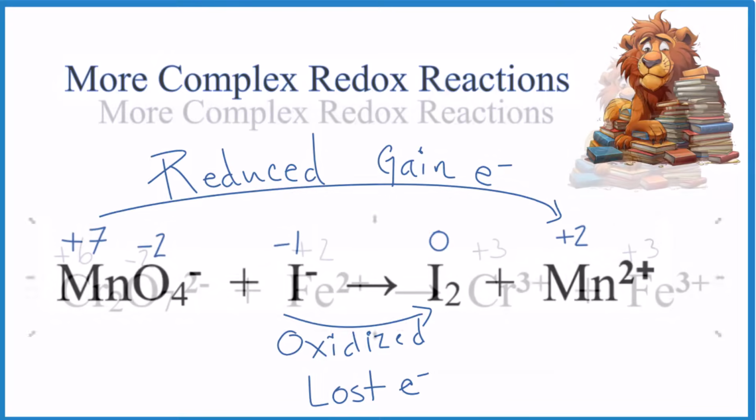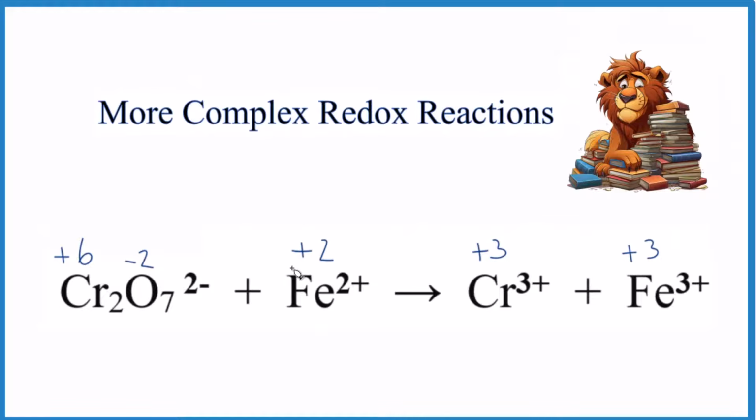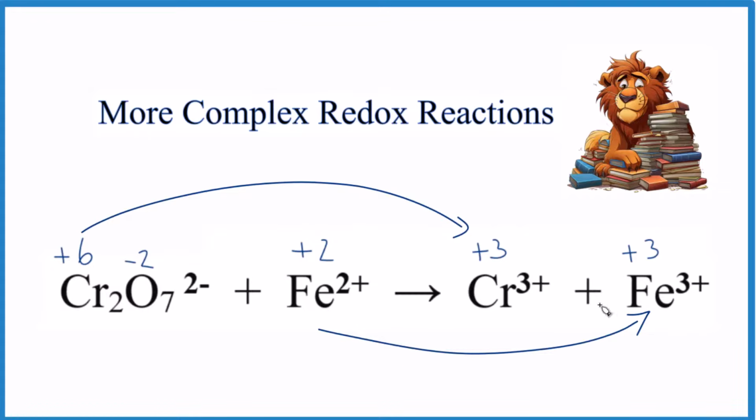Let's do another one. Pause and give this one a try. What's oxidized, what's reduced, what lost, and what gained electrons. Note here that the atoms aren't balanced, 2 chromiums and 1, and that we have oxygen on this side and not on this side. We'll fix that later when we balance half reactions.